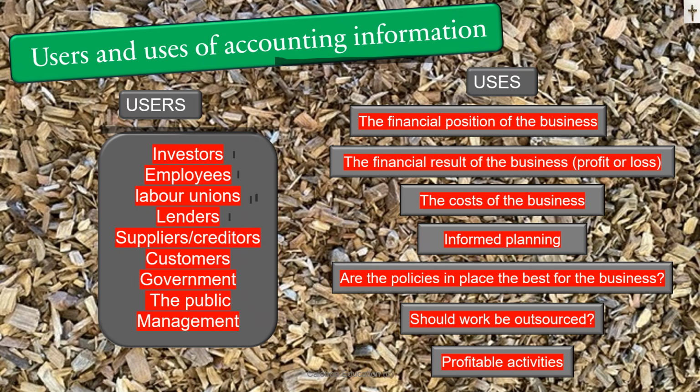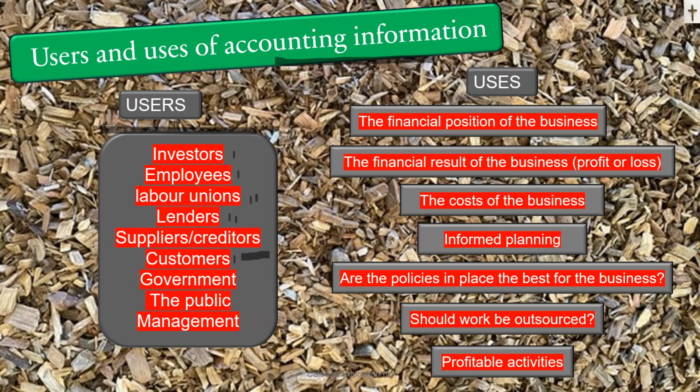Lenders: if a company wants to borrow money to expand, the banks that are lending them money need to know that the money they lend will be paid back. Suppliers are quite concerned if you buy something on credit, whether they're going to get paid or not.